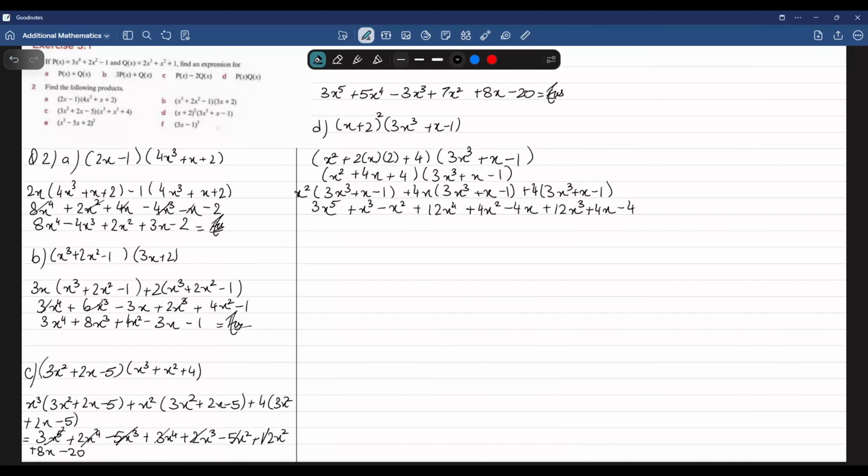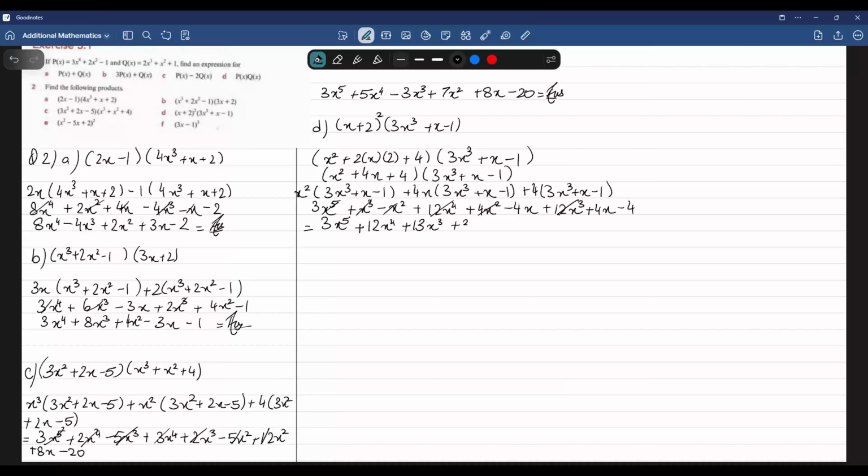Okay, so that simplifies it to 3x raised to power 5. Then we have 12x raised to power 4 and nothing else. So plus 12x raised to power 4, plus x cubed plus 12x cubed would give us 13x cubed. Minus x squared plus 4x squared is going to give us positive 3x squared.